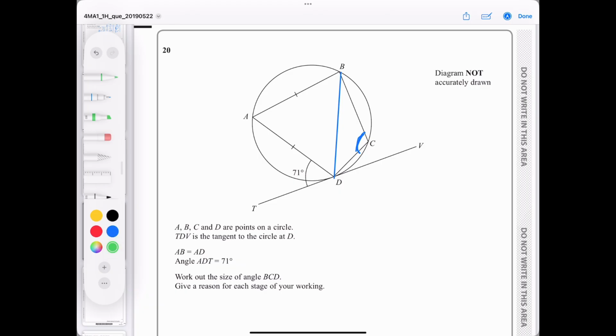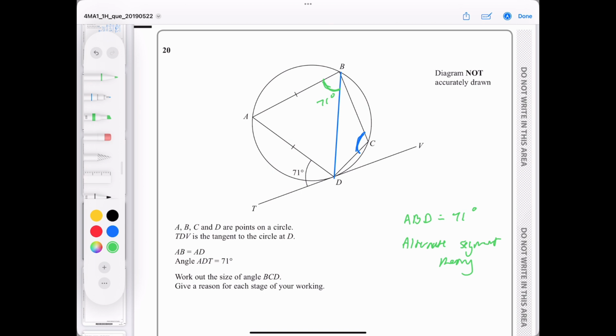So now, what do we know? If that's 71, we know this one is also 71 because of alternate segment theorem, so ABD equals 71 degrees. I think there's another way to do that, but we won't worry about that.